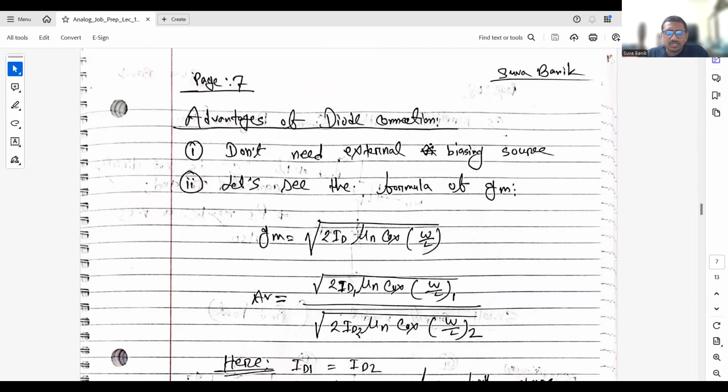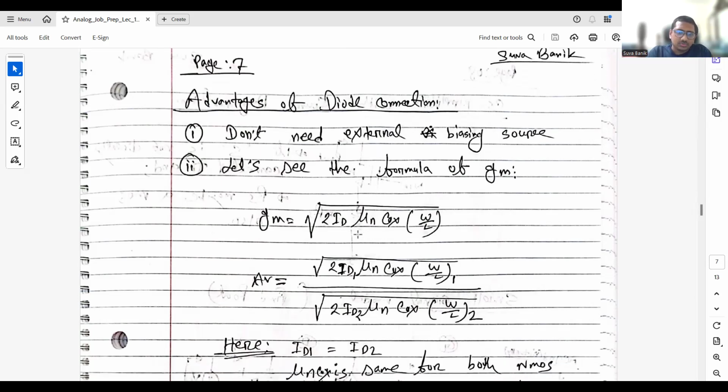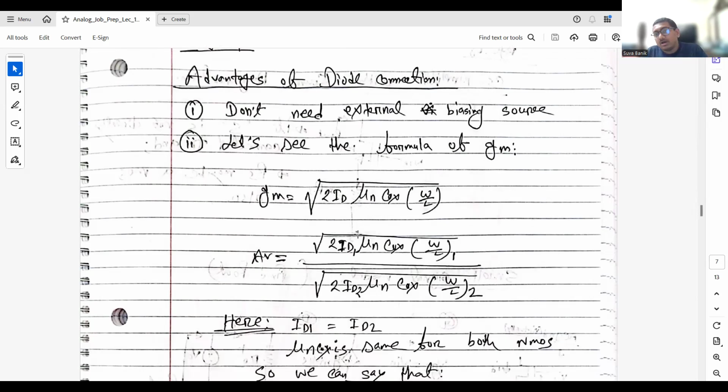But in the diode connection, we don't need any external voltage source to bias our transistor. It biases itself. And you know, there are several formulas of GM, three formulas mostly used in design, but here I only mention one formula: root of 2 ID mu Cox W by L.